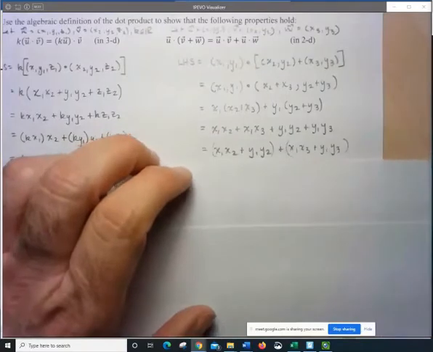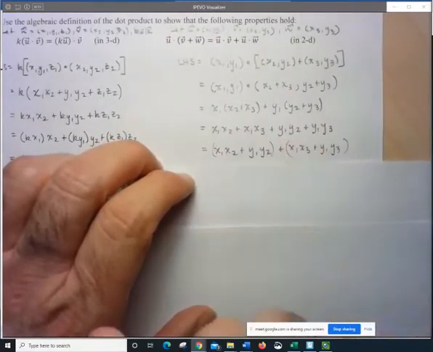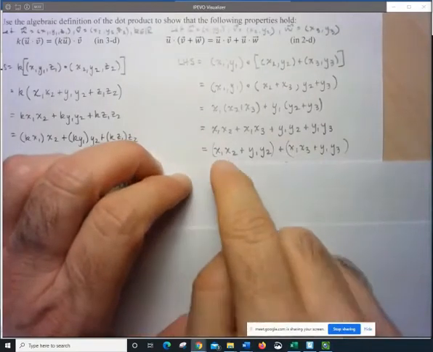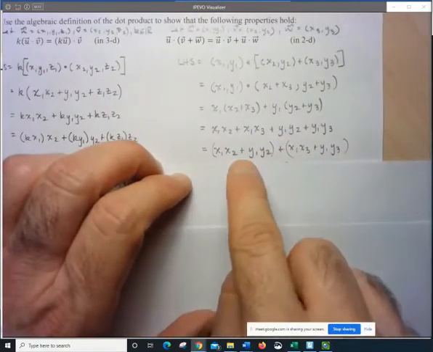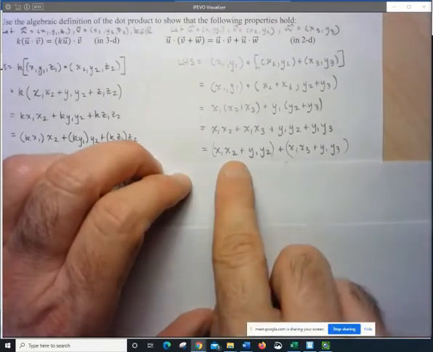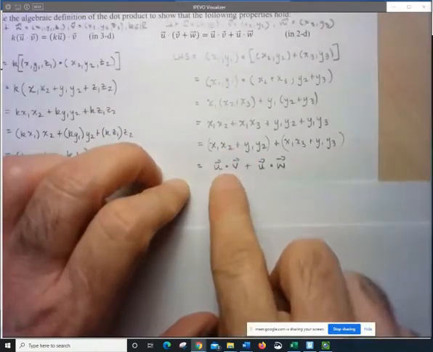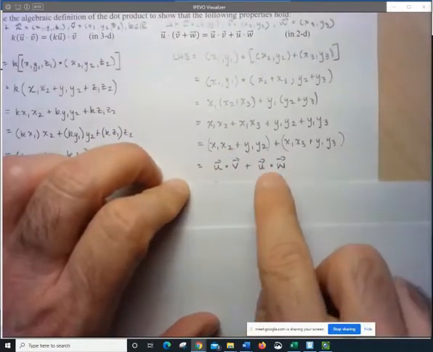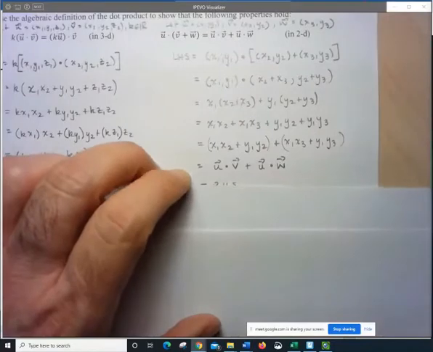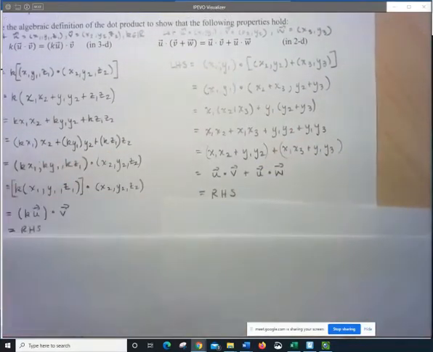Then I realize, hey, what is this equal to? That's just equal to u dot v, and this is equal to u dot w. And look what I've just shown: I've shown that the dot product is distributive.